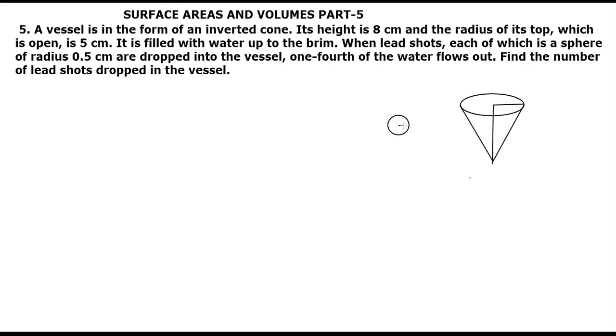So this is its radius. When lead shots, each of which is a sphere of 0.5, are dropped into the vessel, 1/4 of the water flows out.